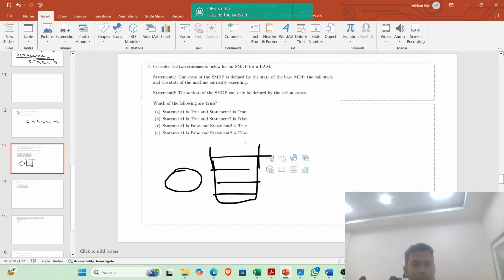The state of the machine means under which execution state it is currently in. So that is also important. So statement one is correct. Statement two is that the action of the SMDP can only be defined by the action states.